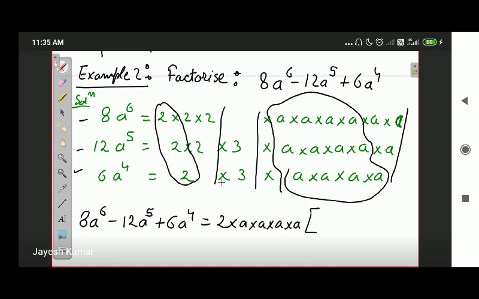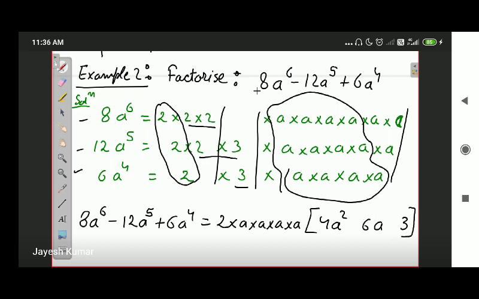What is remaining? In the first expansion we have 2 2s are 4 and 2 a's, that will be a square. In the second expansion we will have 2 into 3, that is 6 and 1 a. In the last expansion only 3 is remaining. Now we have to apply the signs in between.